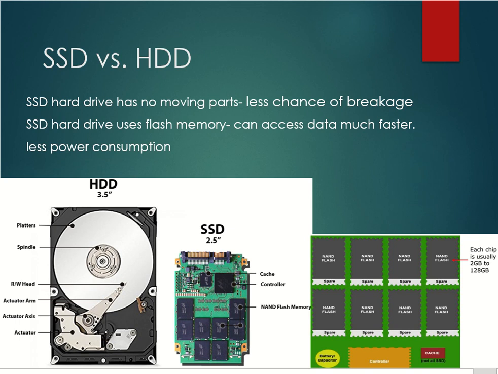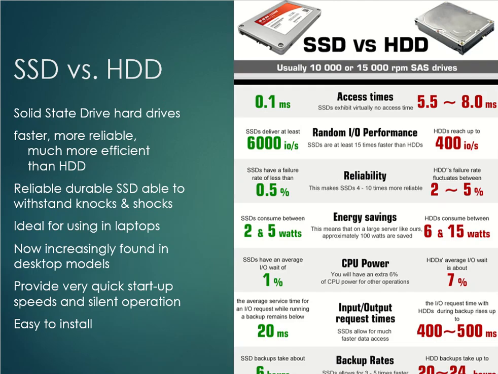And there are these performance characteristics. When you consider the characteristics of those two types, there's a huge gap. Now the access time, that means the time it takes to access the data from that particular storage device, in SSD is about 0.1 millisecond.